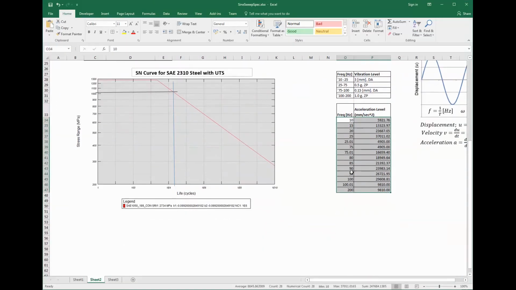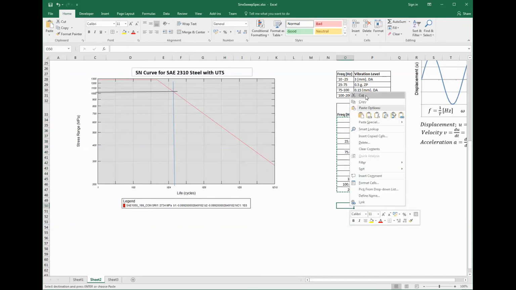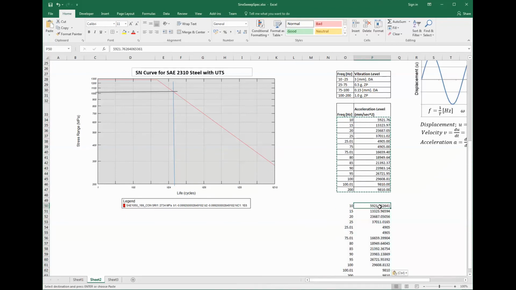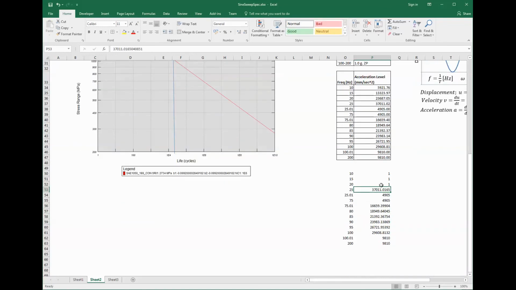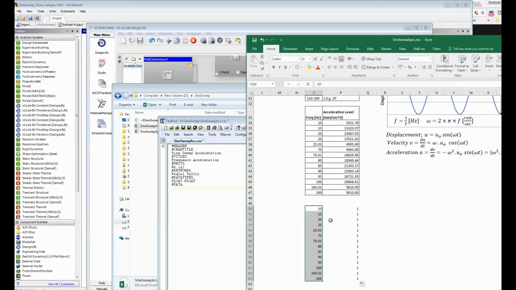So there is no need to feed in exactly this data, but instead we have to feed in unit values everywhere, so that no scaling will be done inside nCode for the stress values coming from Ansys during fatigue calculation. Types are going to be float type. So we have this data available now.